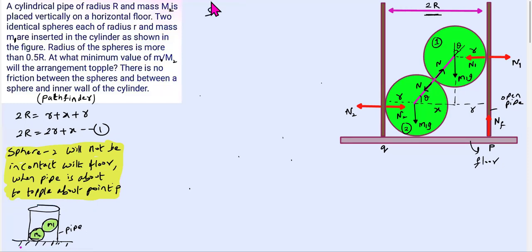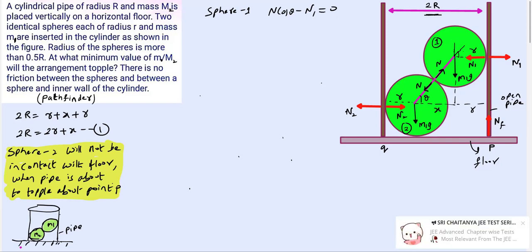For sphere 1, forces acting along the x-axis: N cos theta should balance N1. This is the component of this N. So this N cos theta will balance this N1. So this is one equation.